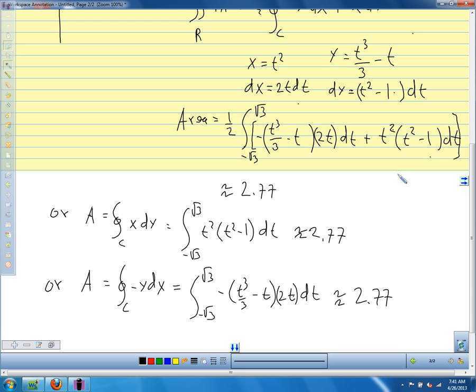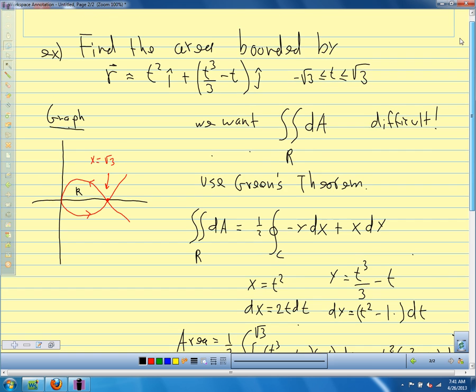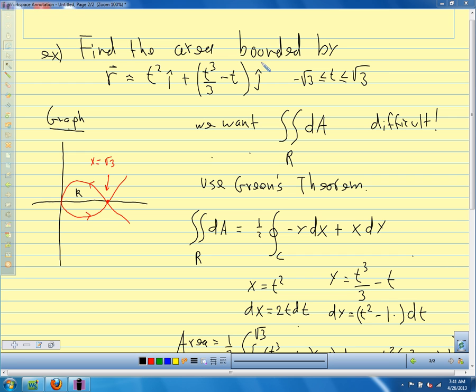So we could use any of those three expressions to find the area of our region. The second one would probably be a little easier. But to find it, we have to find x, dx, y, dy. I guess we didn't have to find dx here, but we needed x. And we had to find dy. So this is how we can use Green's theorem running in reverse to find area, as long as we write our parameterization of our curve correctly. It'll give us a correct one.